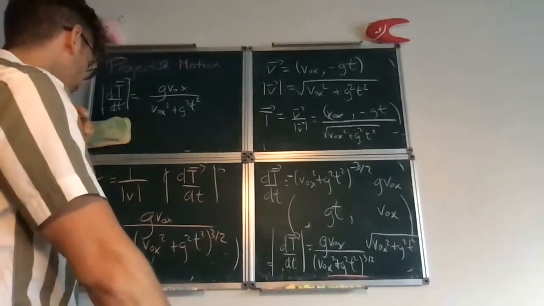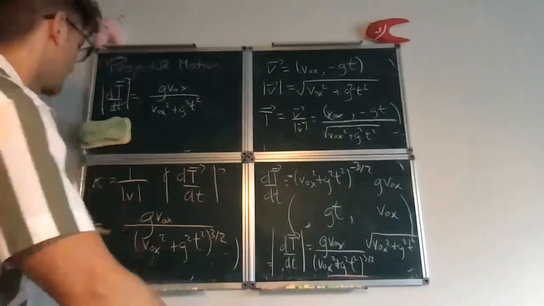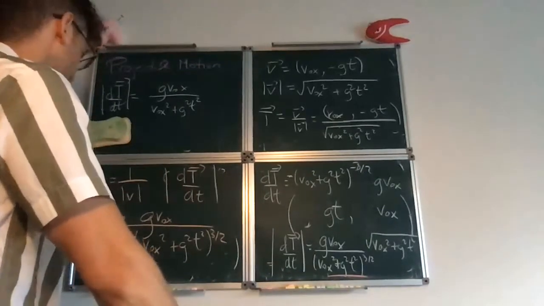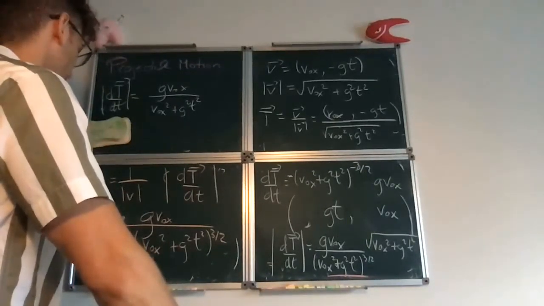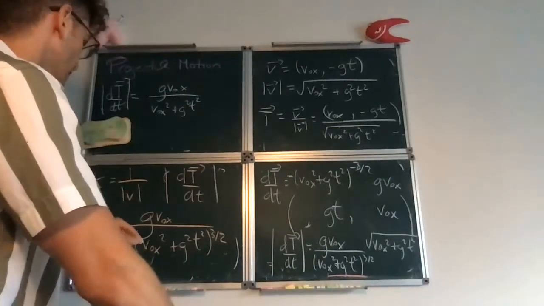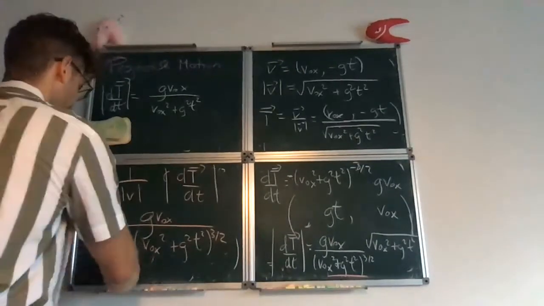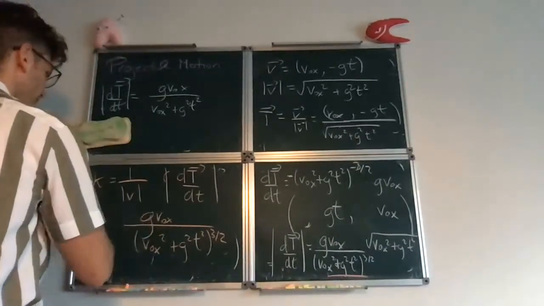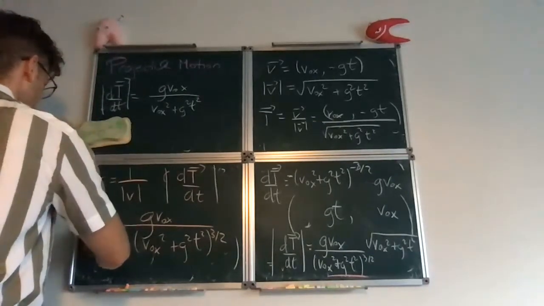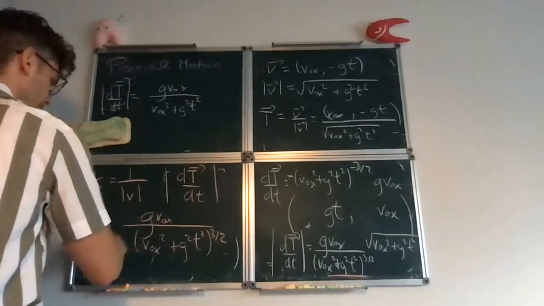So let's think about it for a second. At least, does this have the right units? Remember, curvature is supposed to have units of 1 over distance. So what are the units of this? Acceleration times speed is length squared over time cubed, right?